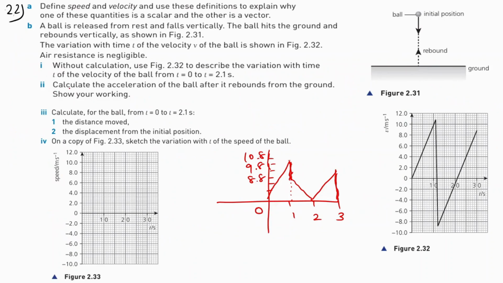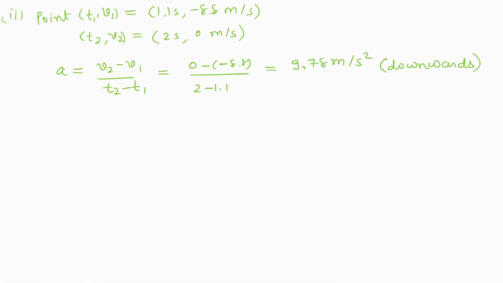In the second question, calculate the acceleration of the ball after its bounce from the ground. So for the working, at point one, let's suppose t1 is 1.1 seconds and v1 is minus 8.8 meters per second from the graph, and take the t2, v2 values similarly.